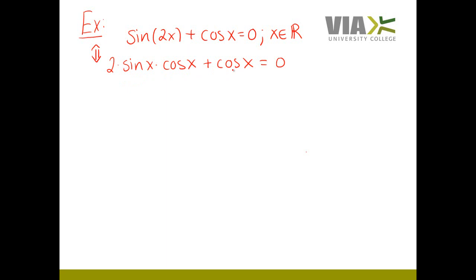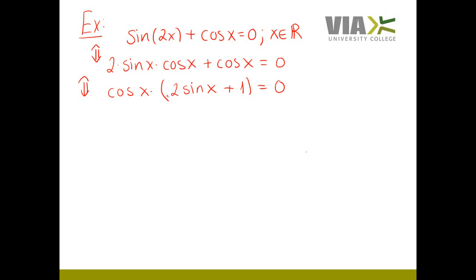Remember that the zero rule says that if you multiply two numbers being equal to 0, then either the first number or the second number must be equal to 0. That's the knowledge which we use here. If we move the cosine x, which is part of both this section and that section, outside the bracket, what will we have in the bracket? Well, what do I have left in that section? That is 2 sine x plus 1 equals 0.